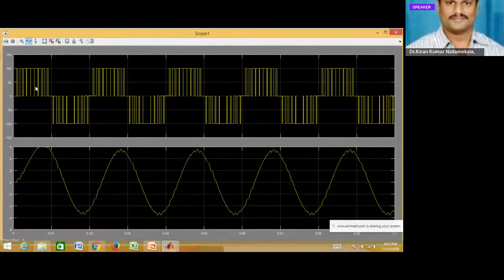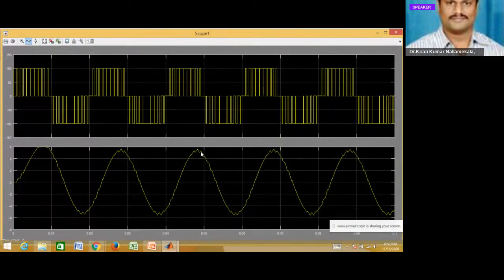One more thing: if you observe here, from 2 level to 3 level, the peak spikes, the ripple content, the variation in the current is somewhat less compared to the single phase 2 level inverter.